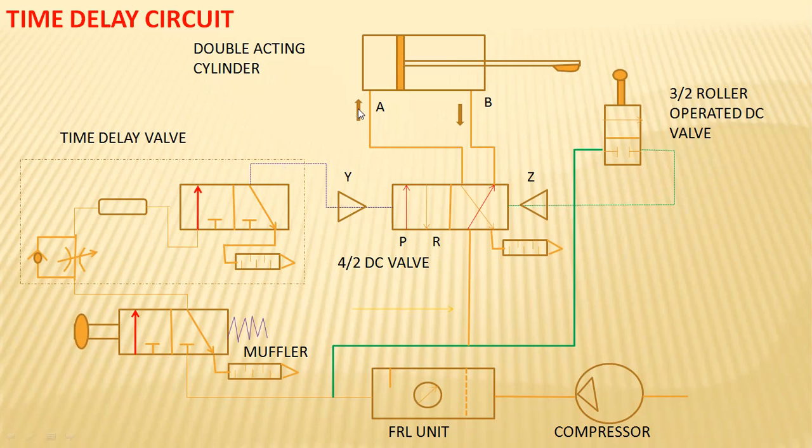The main DCV allows the compressed air and causes the forward motion, and the complete extension is specified with respect to the triggering unit. When the rod end extends, it highlights the triggering, and this triggering sends the compressed air to operate the second position here. Nominally, we press this only once, and later the supply is switched off, and hence the time delay valve is switched off.